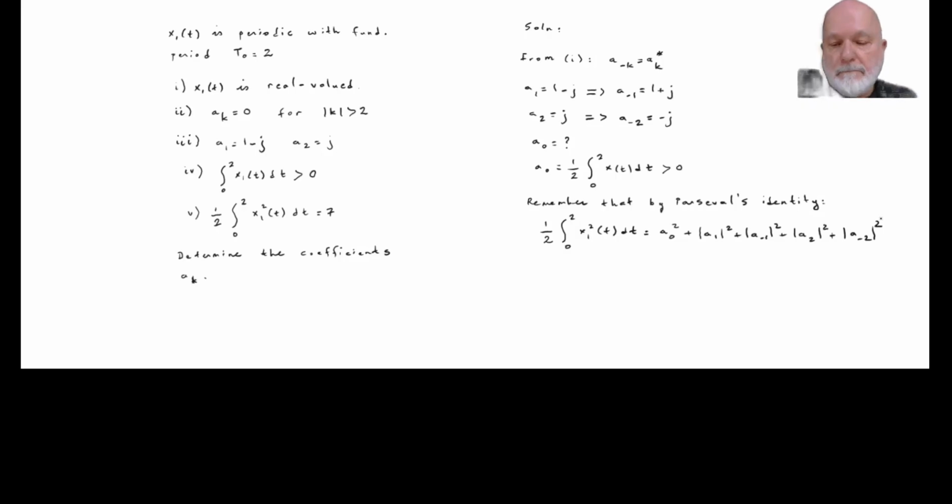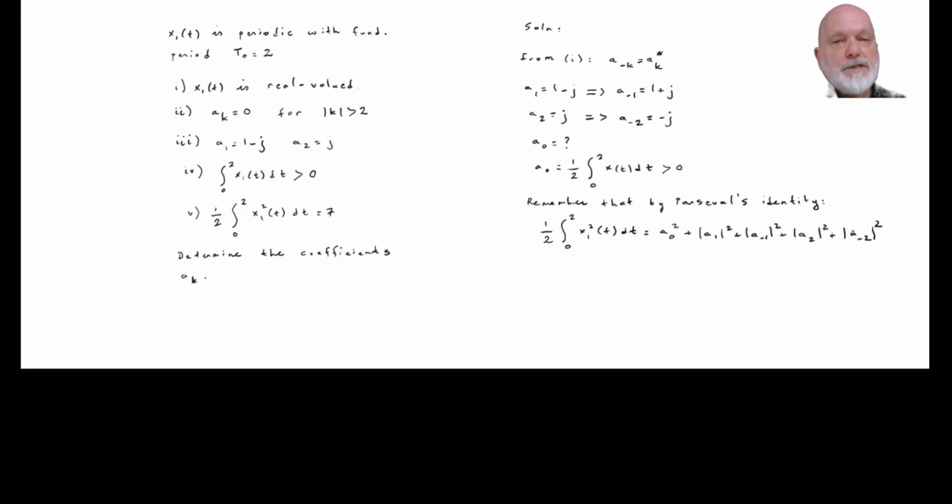Now, from item 2, we know that ak is 0 for k greater than 2 or k less than minus 2. Therefore, the only terms are given here in Parseval's identity. We have only 5 Fourier coefficients.